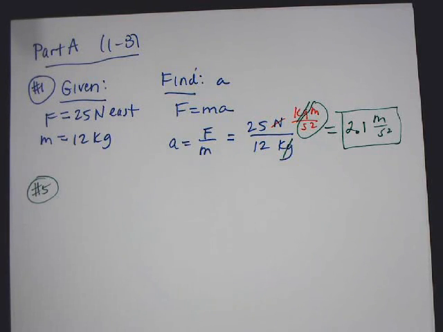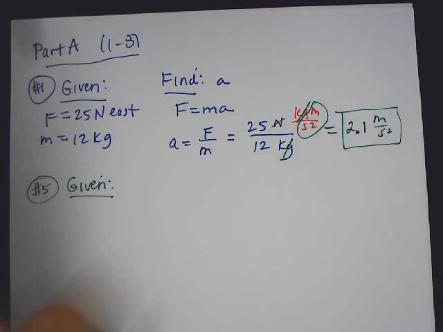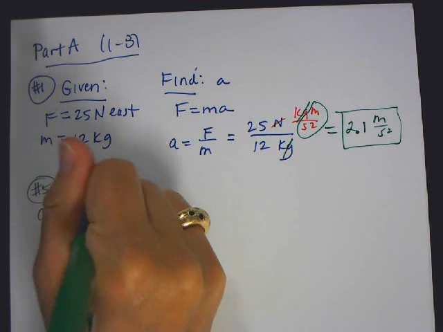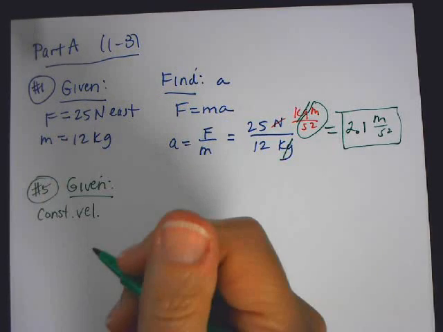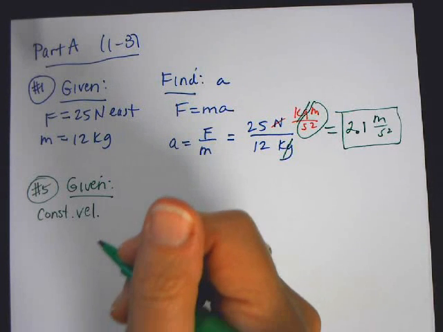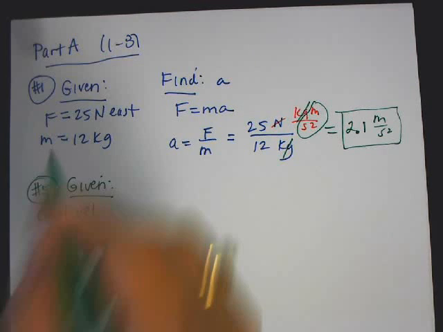All right, so number 5 says, an object is moving with a constant velocity. And you can get in the habit now, this is important, reading constant velocity. I'm just going to write it now. An object moving with a constant velocity has an unbalanced force acting on it.